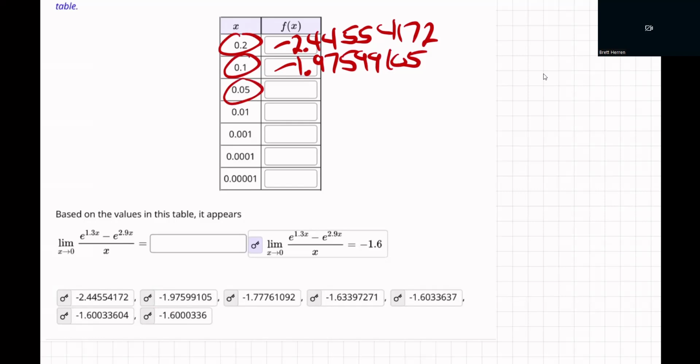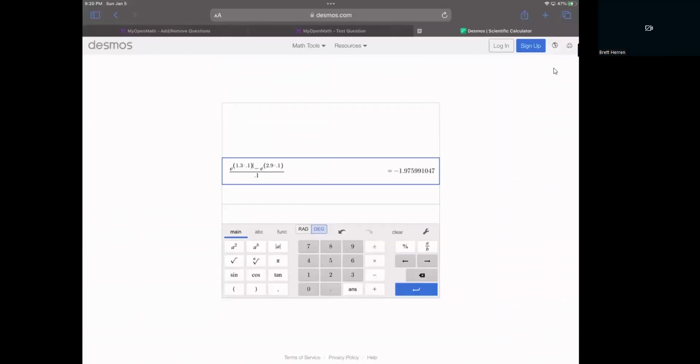Just the ones after the decimal matter. 0.05. Let's go back. So then you just use the same function. Just go right up here, and right where the x is, I'm going to type in 0.05. And then the second place, right there, 0.05.